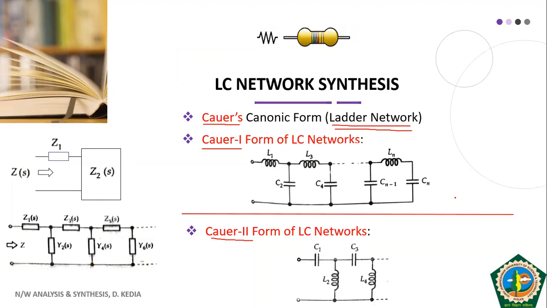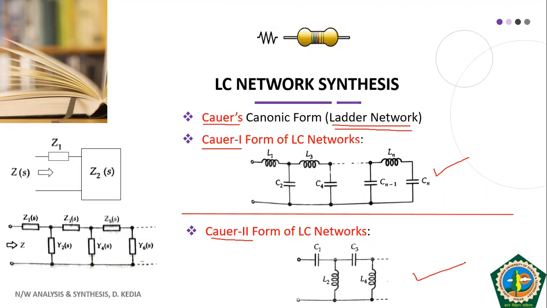So you can see in the slide that the two networks look like a ladder that we have in our homes or offices, or use for other purposes. So those kinds of networks are called ladder networks. So you should remember this thing, that Cauer's canonic forms represent the ladder type electric networks.